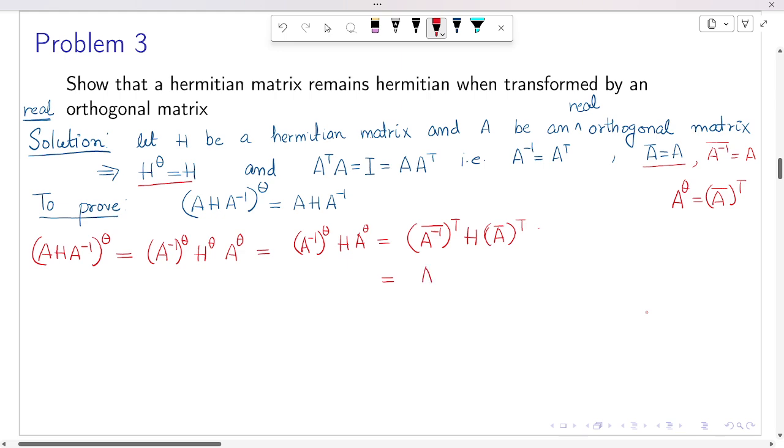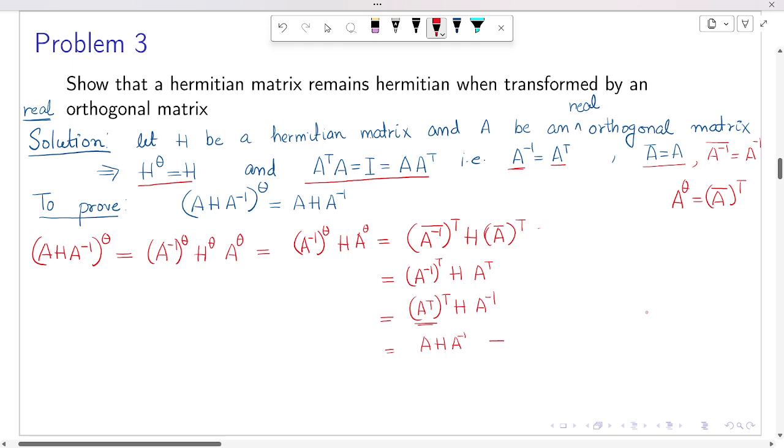So this is A transpose H and A inverse transpose is equal to A transpose. Now, as A is an orthogonal matrix, it means A inverse is equal to A transpose, and A transpose is equal to A inverse.